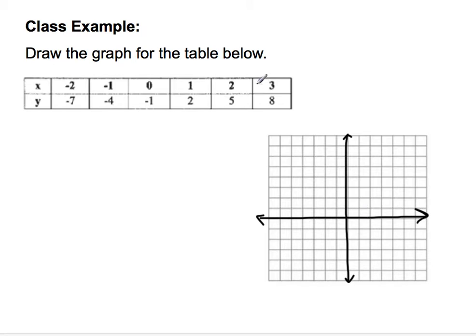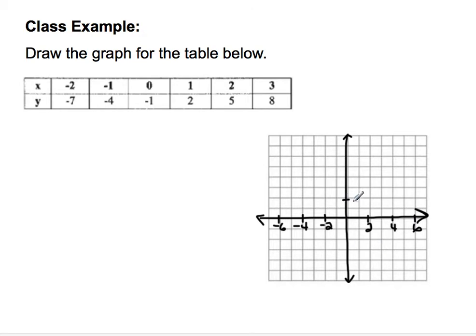So our x coordinates go from -2 to +3. So let's just, I'm just going to label it by 1s. I'm just going to put every second point on here, or label.